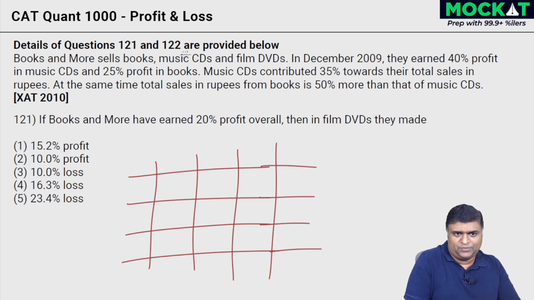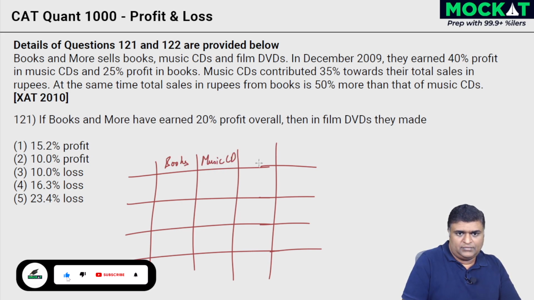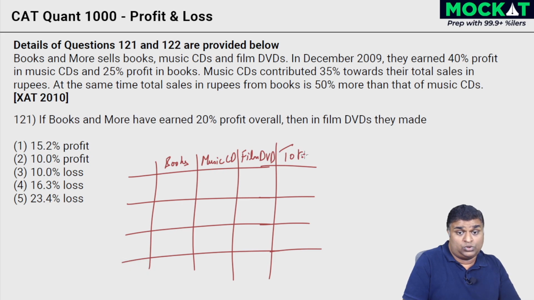Let's write books, music CDs and film DVDs in that order, as it is given at the top. And the totals are always important. So cost price plus the profit is going to give you the selling price over here.